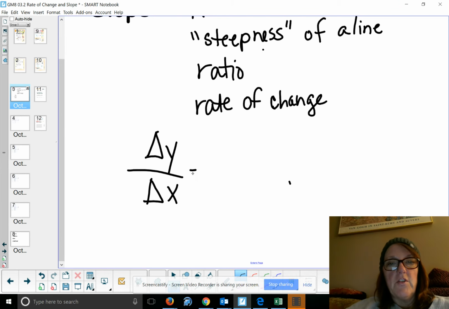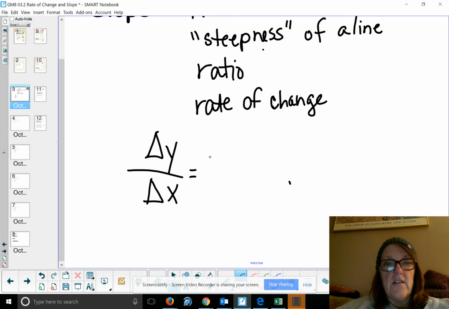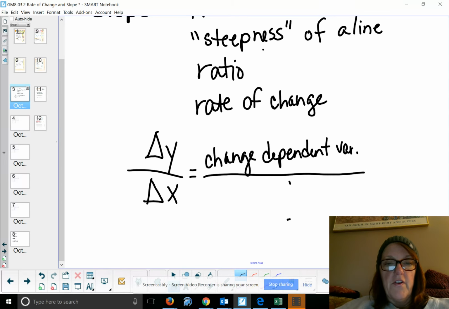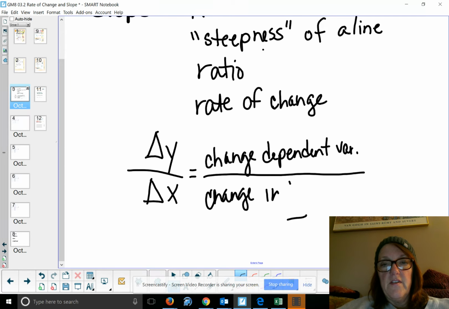Okay, sometimes you'll see this described as the change in the dependent variable over the change in the independent variable.